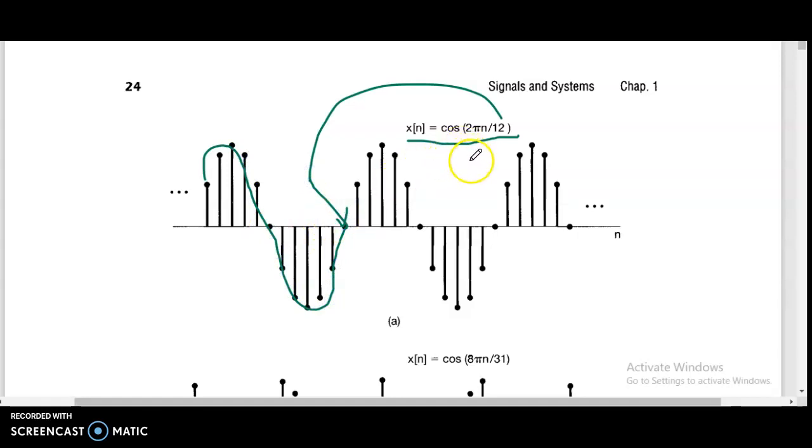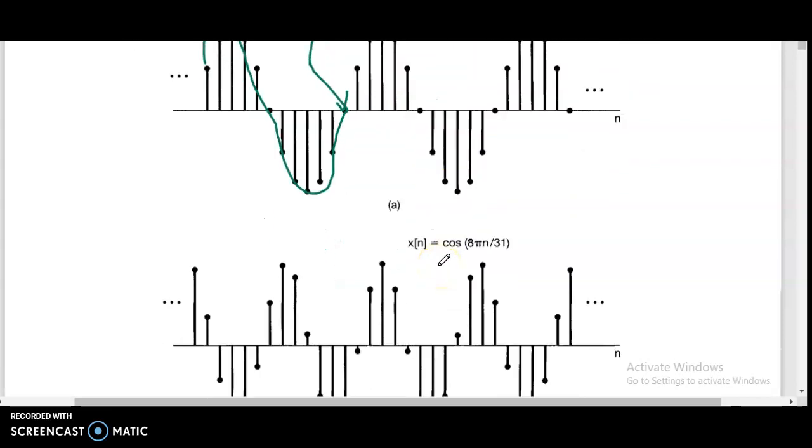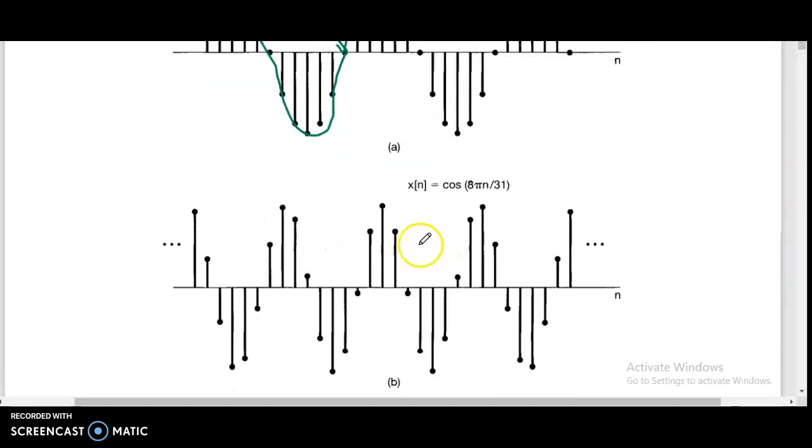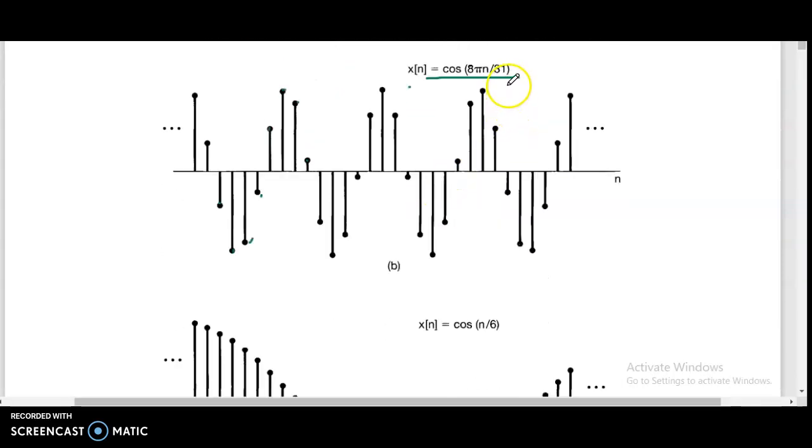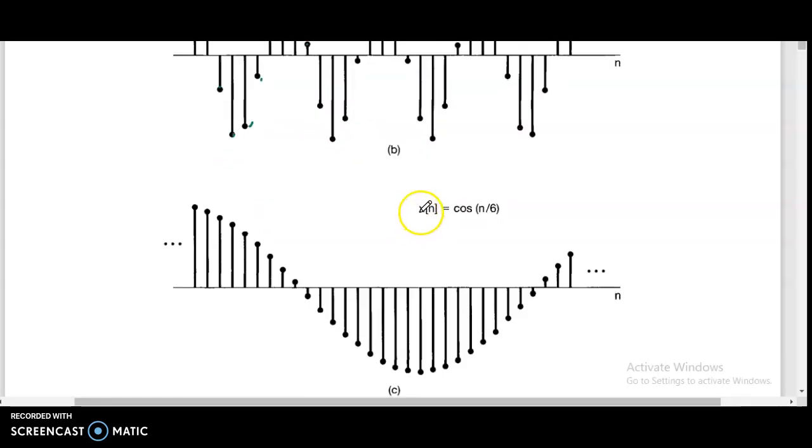So cos of 2 pi n divided by 12. Then x of n equals cos of 8 pi n divided by 31. According to this waveform, x of n equals cos of n divided by 6.